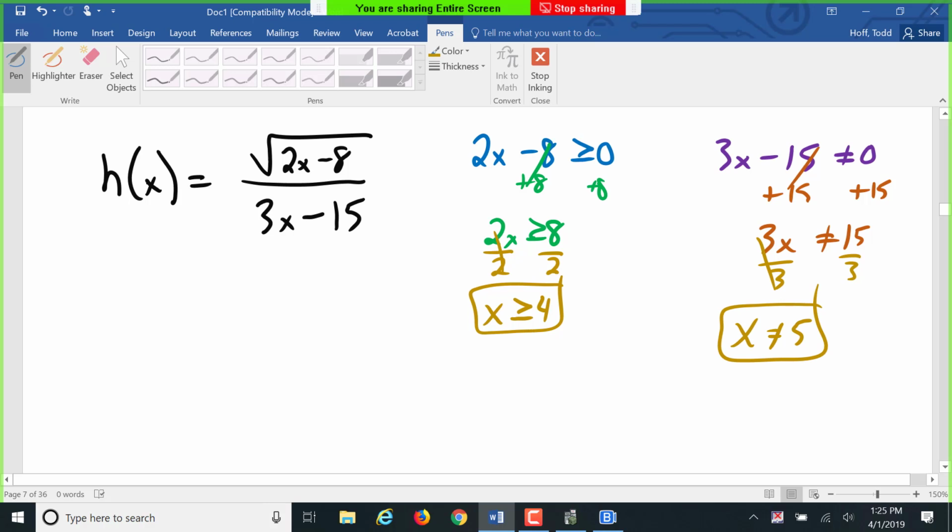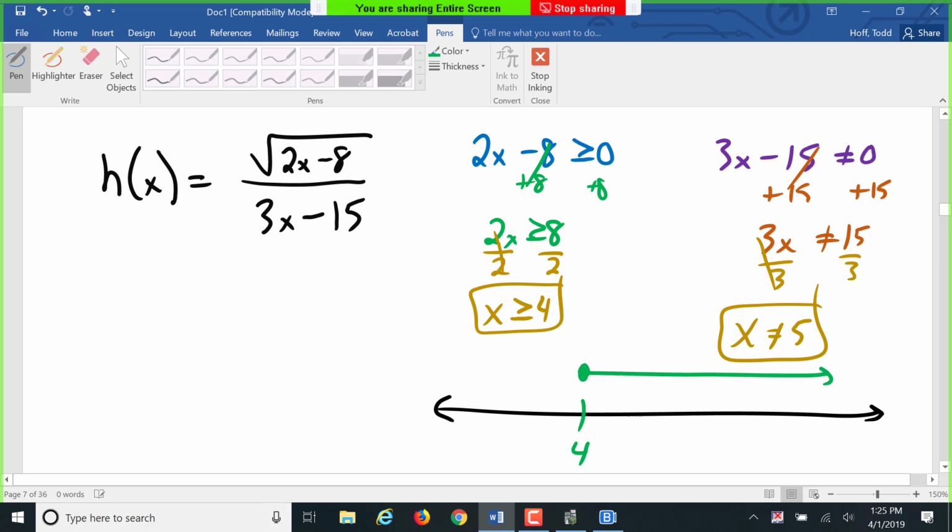Putting this in set notation might make it easier if we put it on a number line first. So here's 4. Greater than or equal to means it can be 4 or greater, but it cannot be 5. So at 5, we have to exclude the 5.